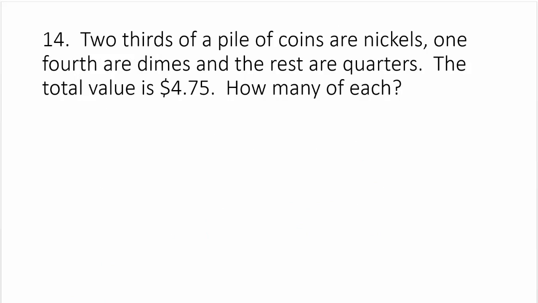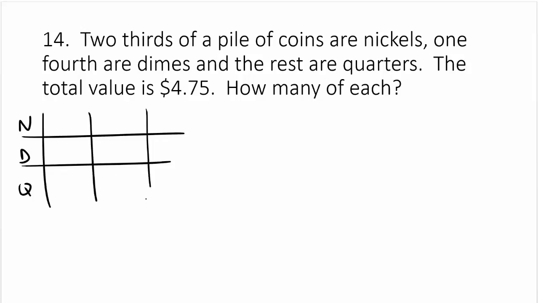And finally, 14. 2/3 of a pile of coins are nickels, 1/4 are dimes, and the rest are quarters. The total value is 475 cents. How many of each? So let's use a chart. Nickels, dimes, and quarters. So we have the number of coins, cents per coin, and the total cents.